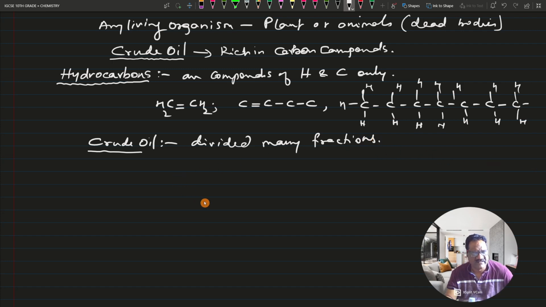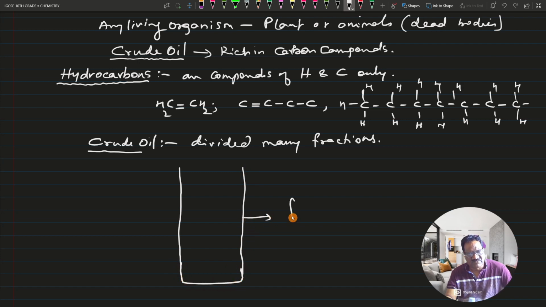So if you take this crude oil in a tower like thing, this is known as a fractionating column, or you can say a fractionating tower. Suppose this is a fractionating column, or a tower.